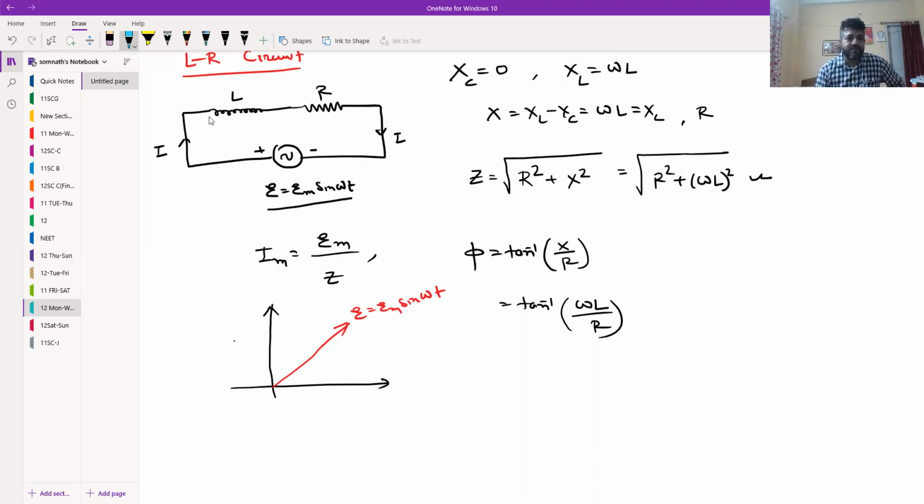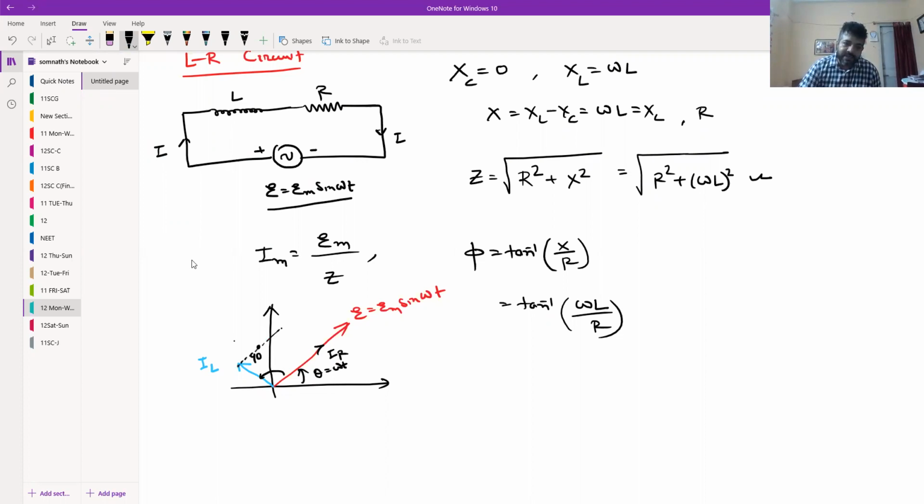Do you remember from the last-to-last class? These are three very important key factors. So this is my current due to the inductor, which is 90 degrees ahead of my input signal, and this is my angle at any instant. In case of a pure resistor, the resistive current is in the direction of the input EMF. So I can see clearly that IL and IR are 90 degrees to each other.